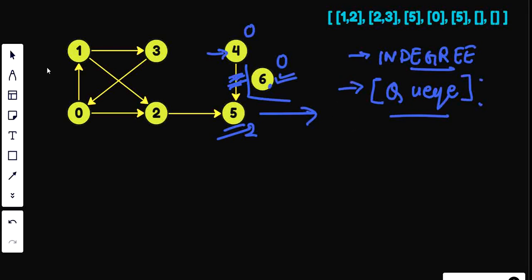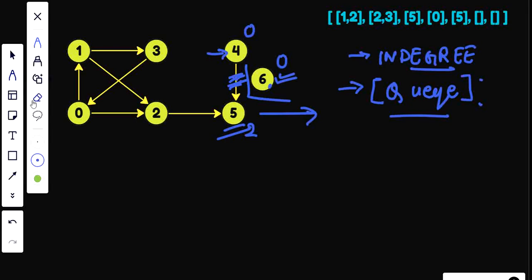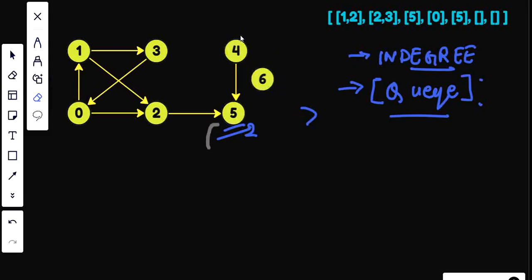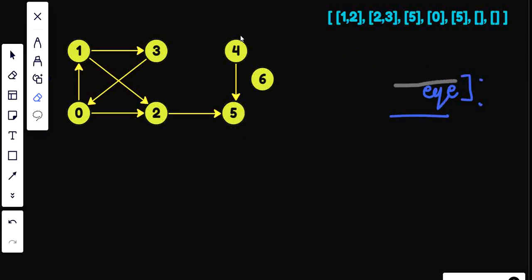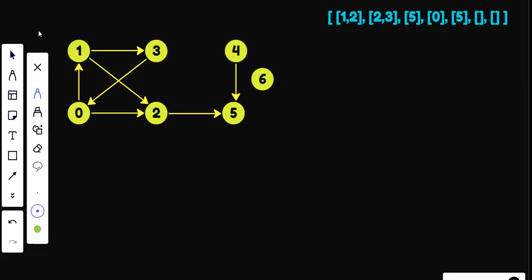So let's see how we can solve this question using Kahn's algorithm. As I already said, it keeps track of in degree and stores the nodes with in degree equal to 0 in a queue.